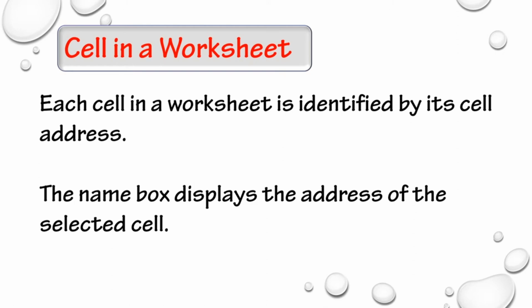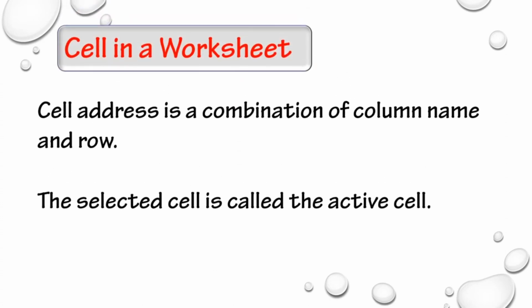The name box displays the address of the selected cell. Cell address is a combination of column name and row. The selected cell is called the active cell.